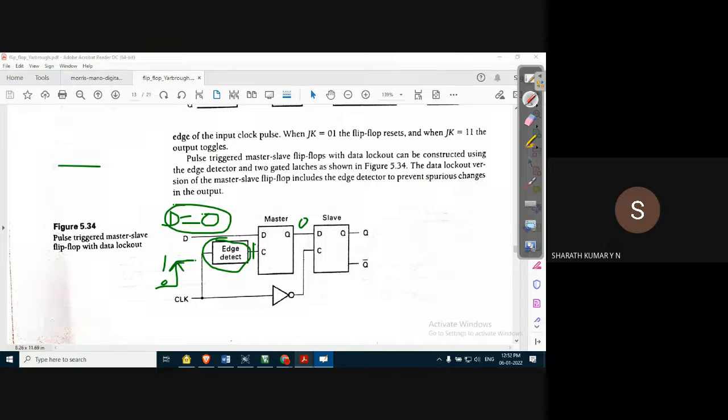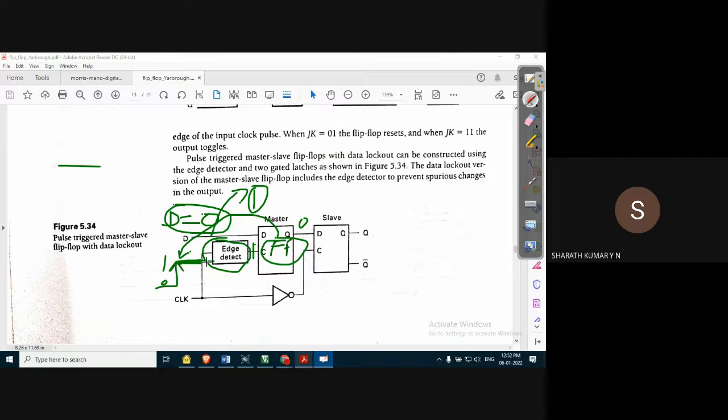Now the clock pulse remains high for some duration. In this duration, even when the input changes by mistake, disturbance, noise, whatever it is, and it changes to 1, the output of the master will not change, because now this D flip flop is sensitive only to the edge of the clock pulse, not to the level of the clock pulse, not to the pulse duration.